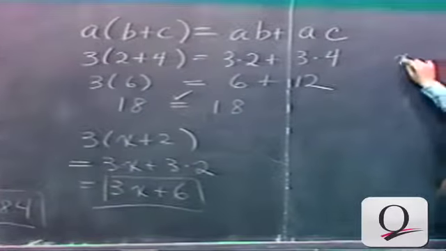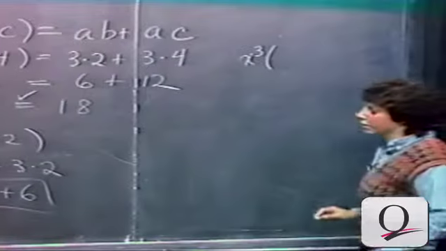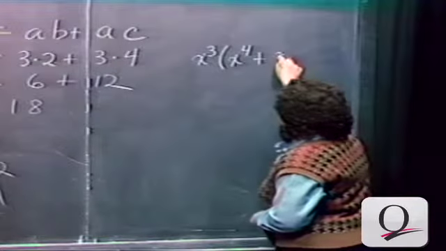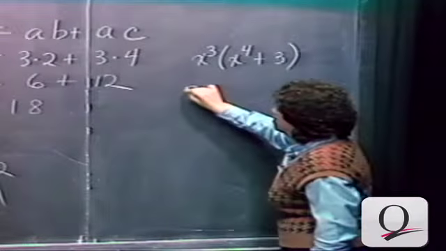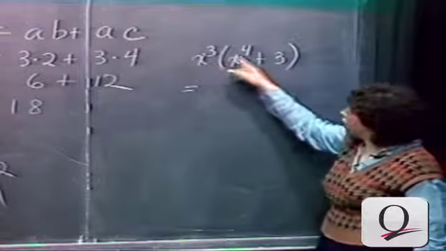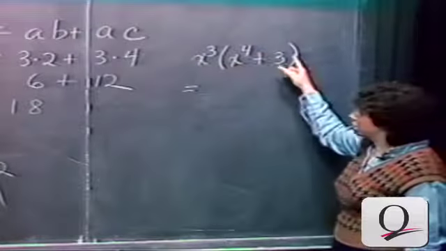Now, what about x cubed times x to the 4th plus 3? This would be a times b plus c is a times b plus a times c.